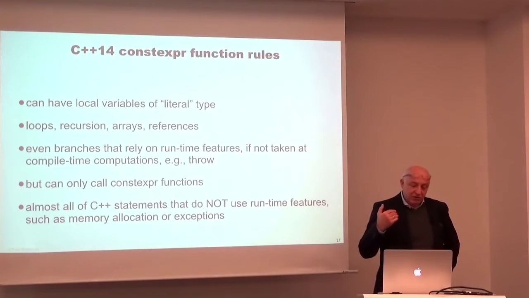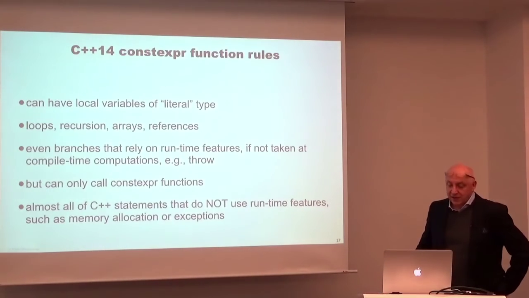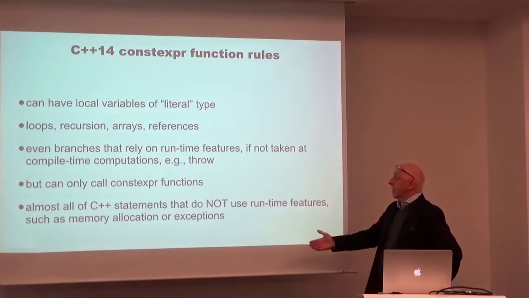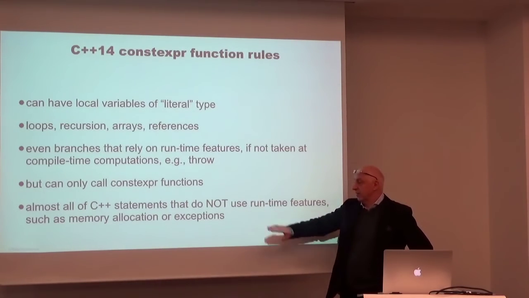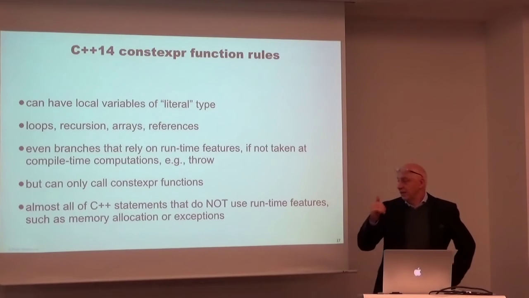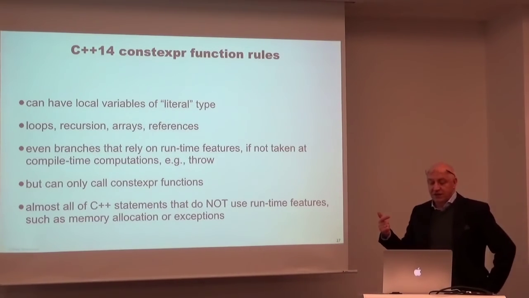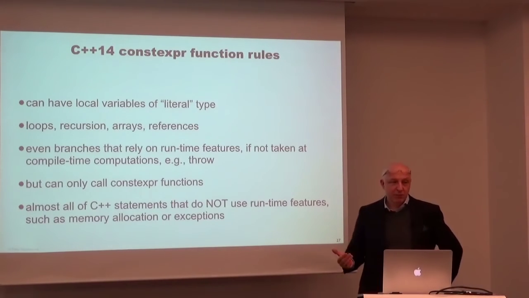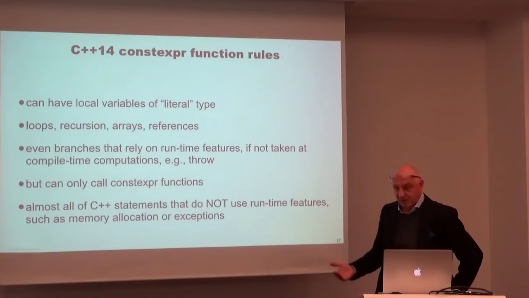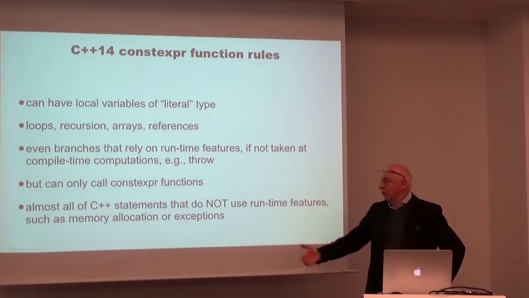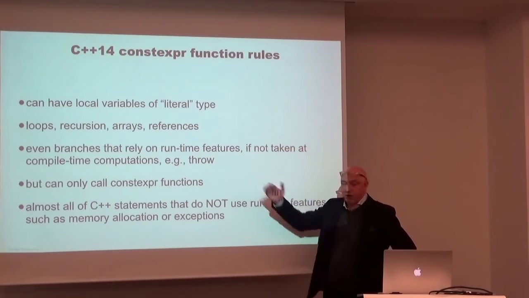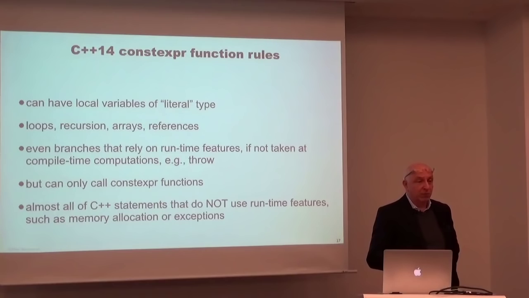And you can use almost all C++ statements in a constexpr function in C++14 that don't use any runtime features like memory allocation. So new and delete for the heap: there is no heap at compile time. Exceptions: there are no exceptions at compile time. Whenever you use such a feature in one of the branches taken at compile time, it will be a compile error.